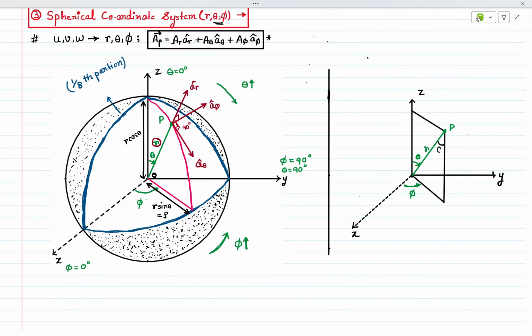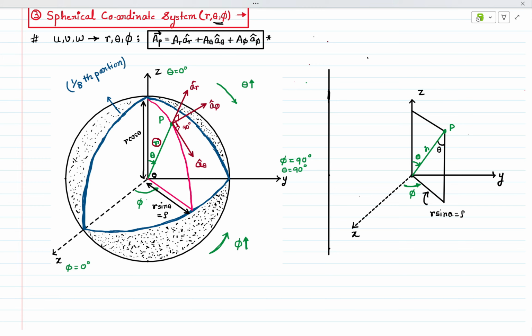This is r, this is theta, then what will be this length? This will be R sine theta. And that is the same rho, whatever you have seen in case of the cylindrical coordinate system.